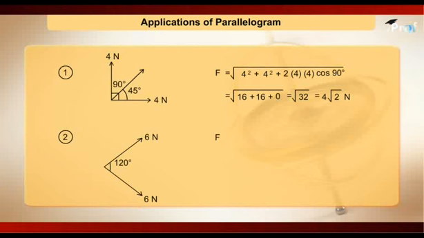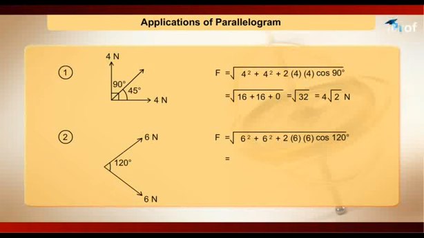According to the parallelogram law of vector addition, the resultant of 6 Newton and 6 Newton will be the square root of 6 square plus 6 square plus 2 into 6 into 6 into cos 120 degrees.